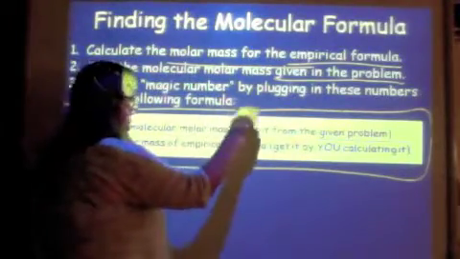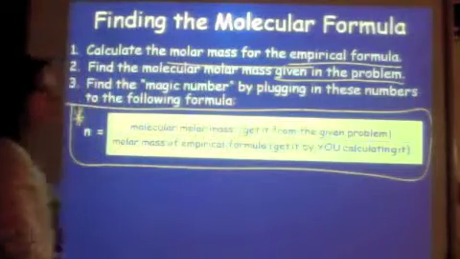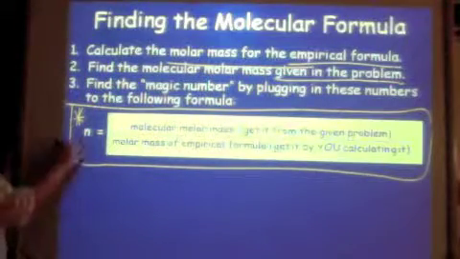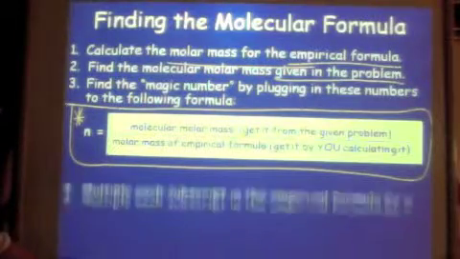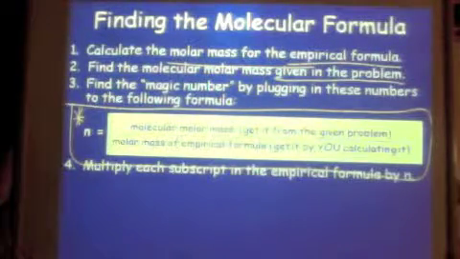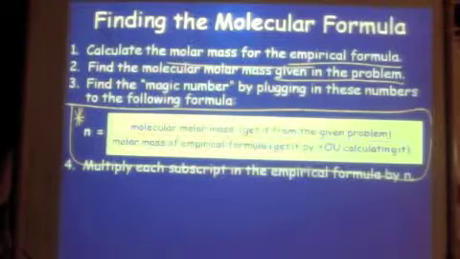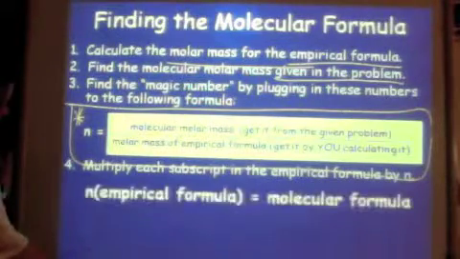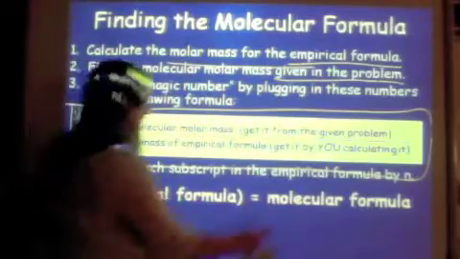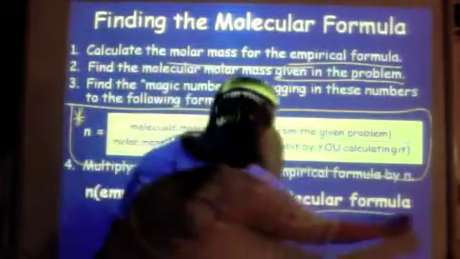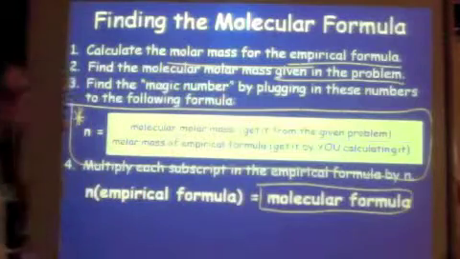Given goes on top, what you calculate goes on the bottom to find just a number. N just means number. And whatever you get from that, you're then going to multiply each subscript in the empirical formula by N. So you just do N times the subscripts to get your answer.